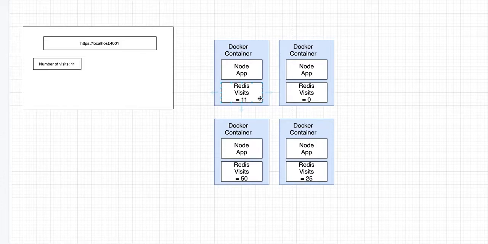Your Redis will have different values based on the requests received by that container, so you cannot judge how many users have visited. You would get different values which are not consistent, and obviously this is an issue.